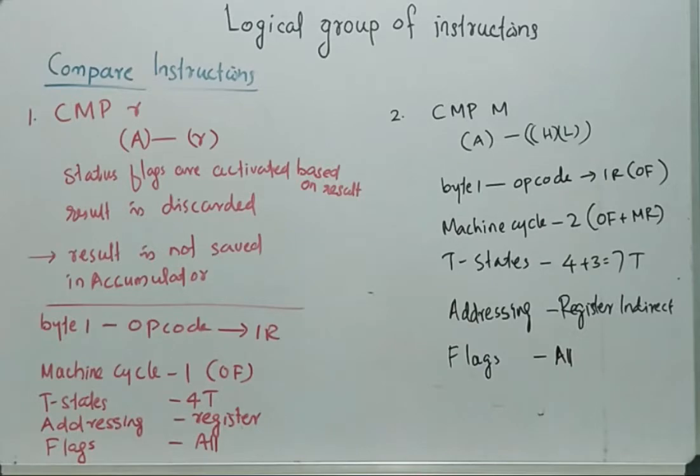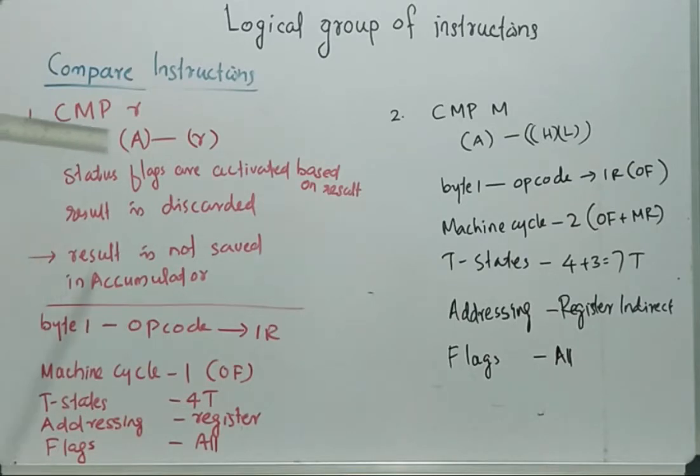The first compare instruction is CMP R. Whenever this instruction is executed, the content of the specified register R is subtracted from the content of the accumulator. The result is not saved in the accumulator.